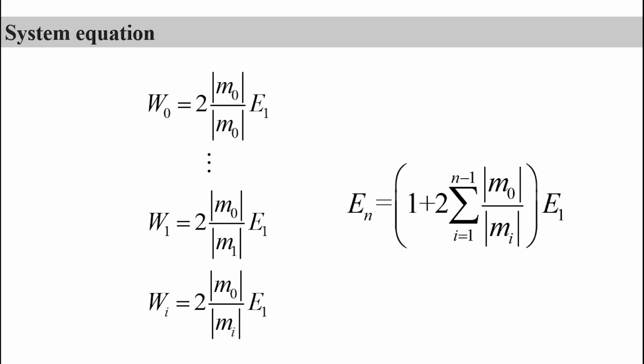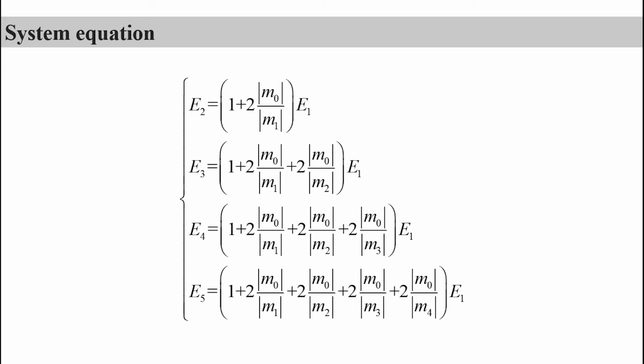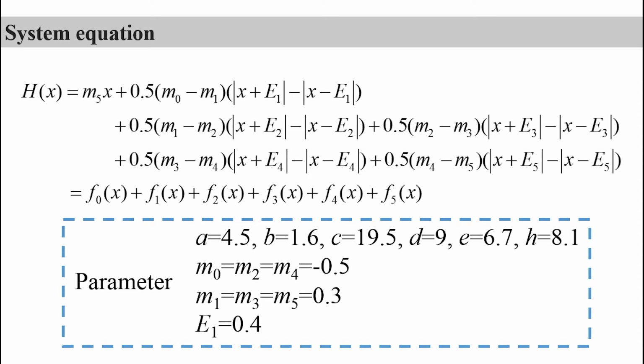In Formula 3, i is 0, 1, 2. The slope mi of each interval and the first turning point value E1 are incorporated into the formula, and the calculation formula for turning point En can be obtained as this. Expand it to get Formula 5. So the specific expression of the 11 piecewise linear functions can be expressed as this.